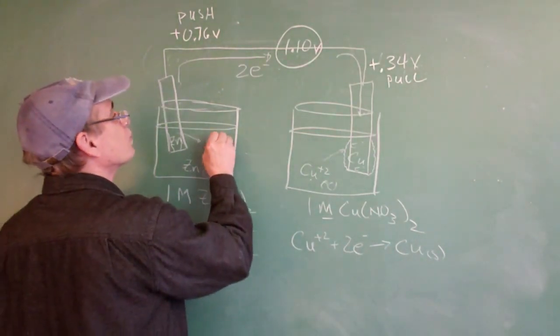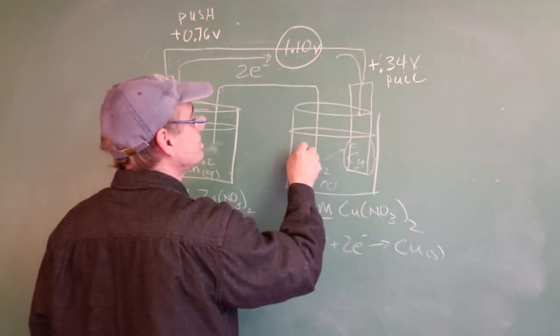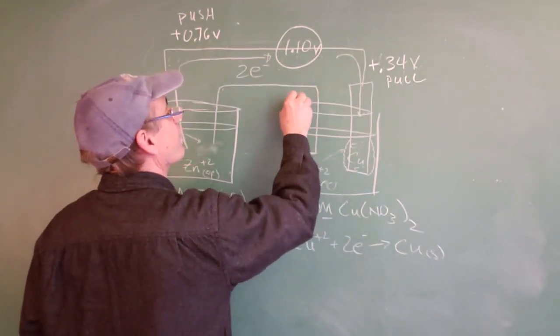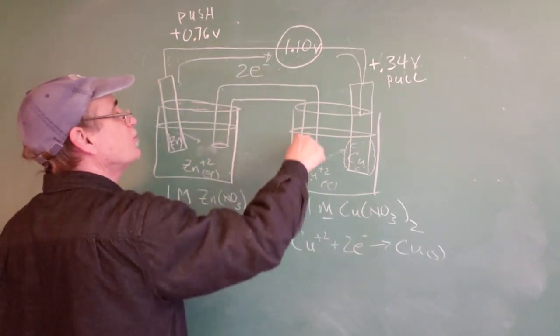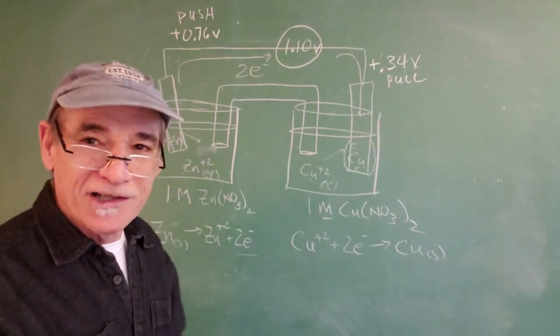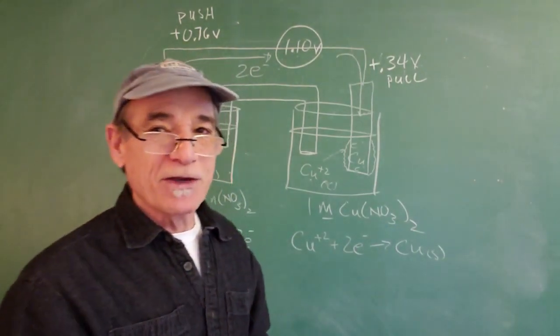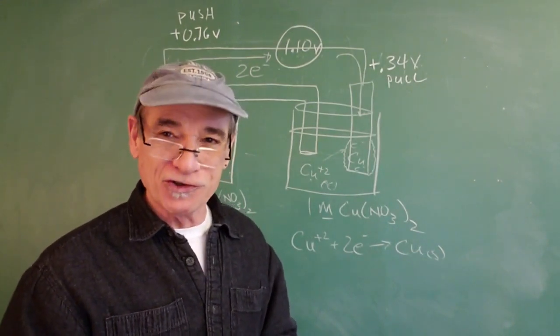Now what a salt bridge was, we took a U-shaped glass tube, and in that U-shaped tube, the night before we did the lab, we would make some jello, clear gelatin, but we wouldn't make it with just water, we'd make it with potassium chloride. So it was salty jello.